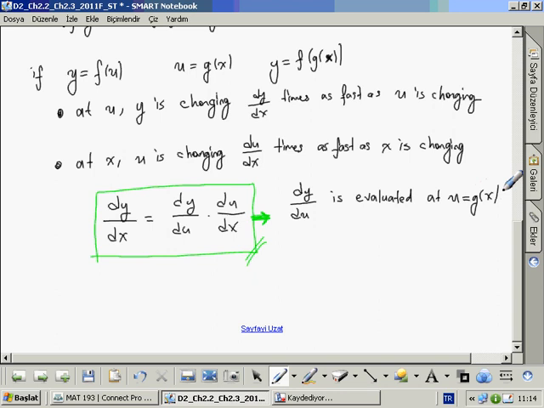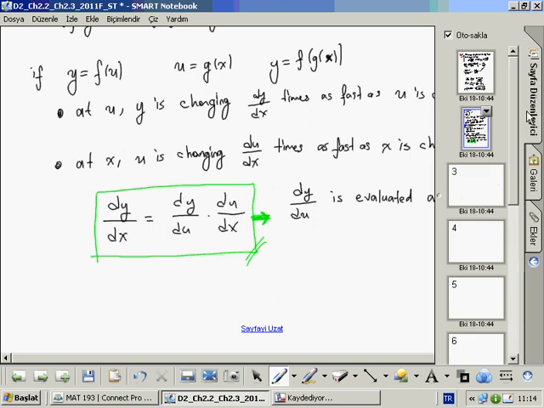Now let me continue with some examples to understand this chain rule.